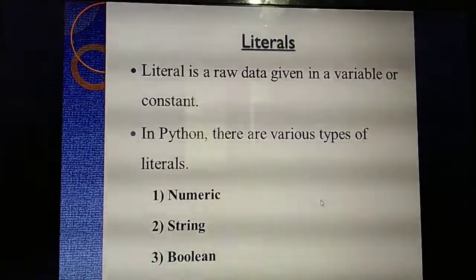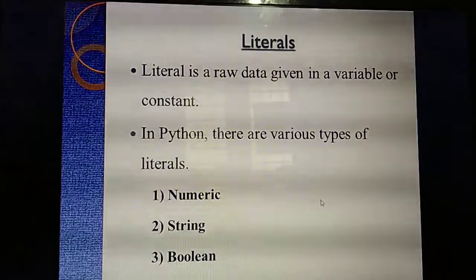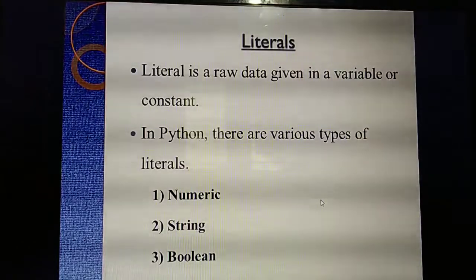Everything here you have studied in 11th standard, in the second volume book, first chapter itself, isn't it? So if you studied thoroughly in 11th standard, it is very easy for you. So what do you mean by literals? Literals is nothing but raw data, some data you are giving in a variable or constant.